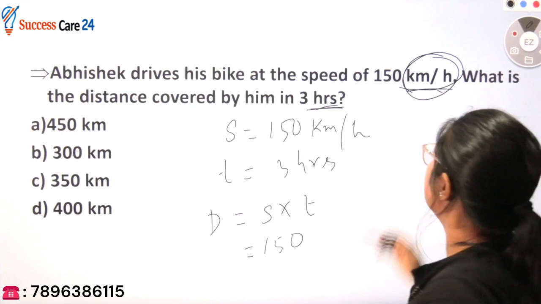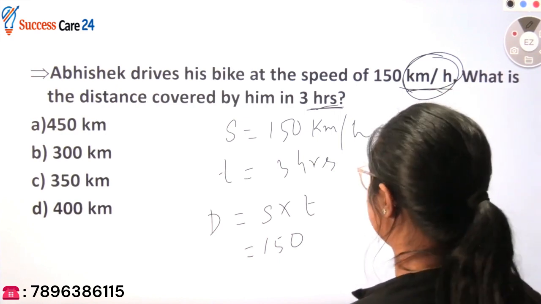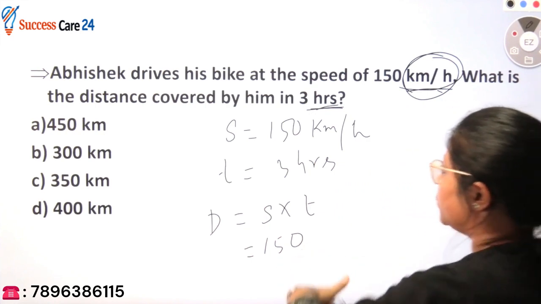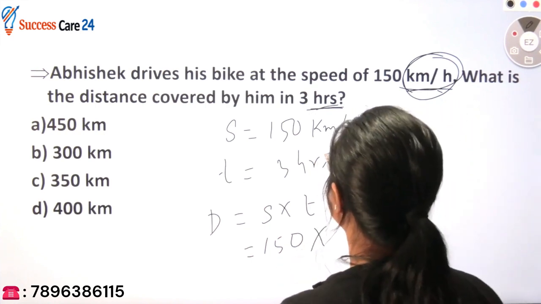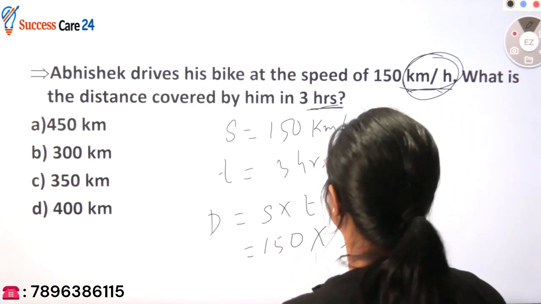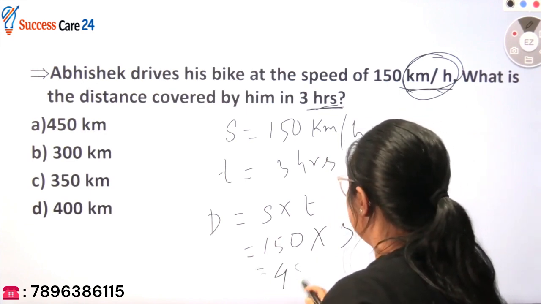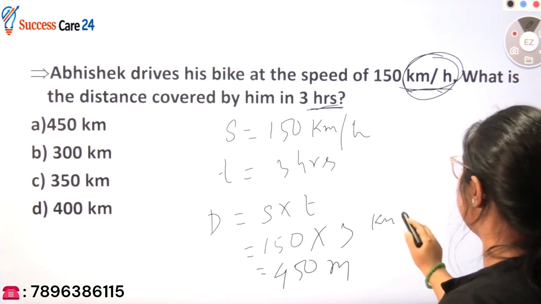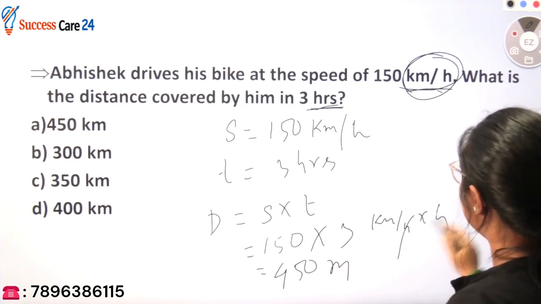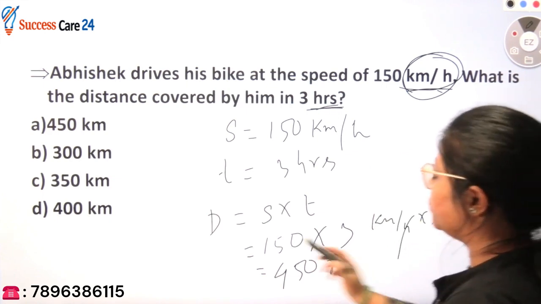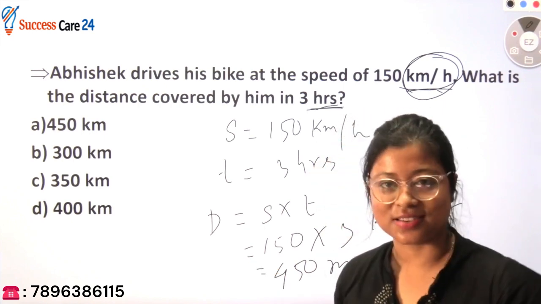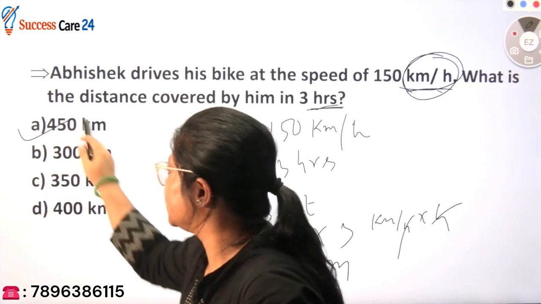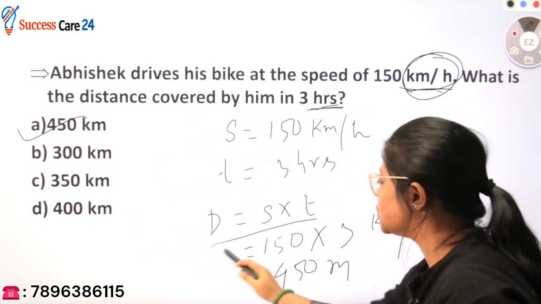So we can calculate by directly multiplying speed with time, and we will get 450 meter. Kilometer per hour times hour, so hour gets cancelled and we get distance as 450. So we are just using the formula distance is equal to speed into time.